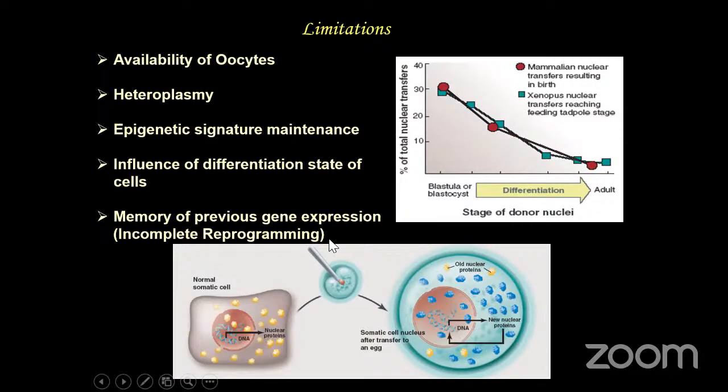And sometimes even the memory of previous gene expression remains, which means incomplete reprogramming happens. For example, if the nucleus is taken from muscle cells, then after SCNT, when the ICM cells are taken and embryonic stem cells are established, when they differentiate they are directed more towards giving rise to muscle cells. So the previous gene expression memory persists, which is one of the limitations.